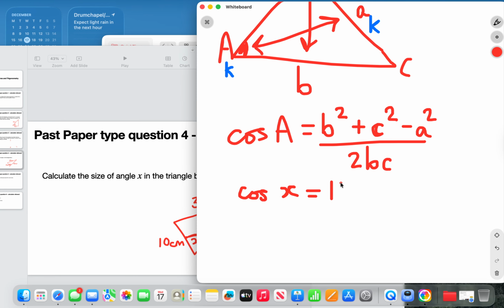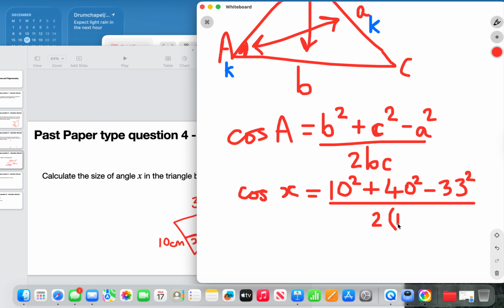So make B 10 and C 40. And then plug B and C that we chose in the bottom, the denominator.